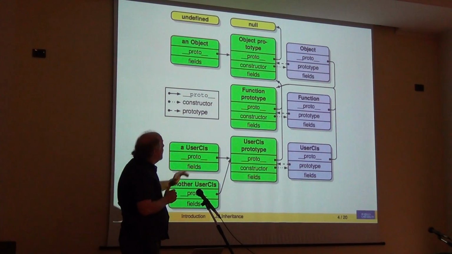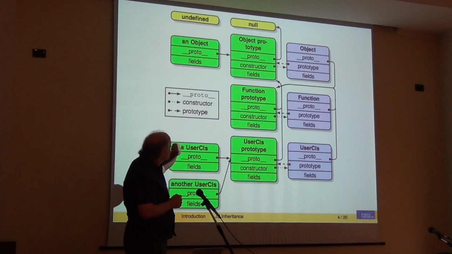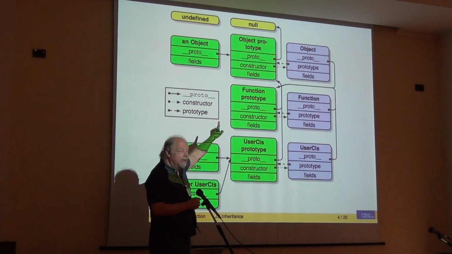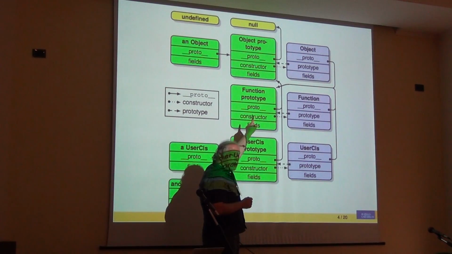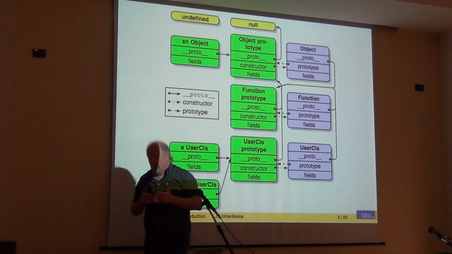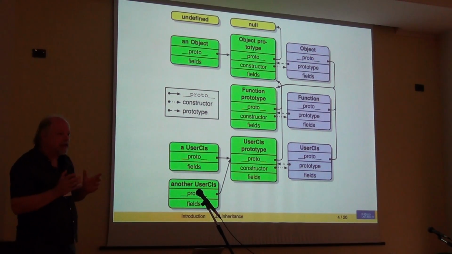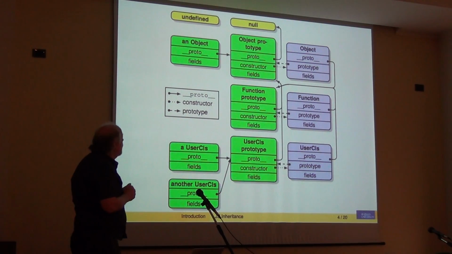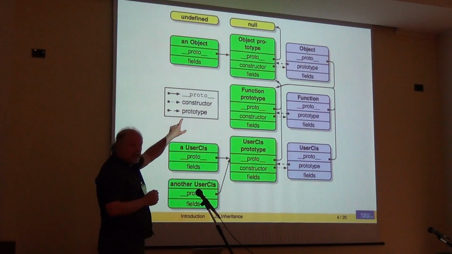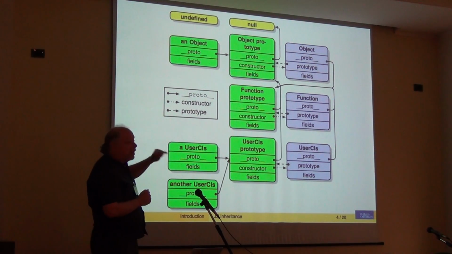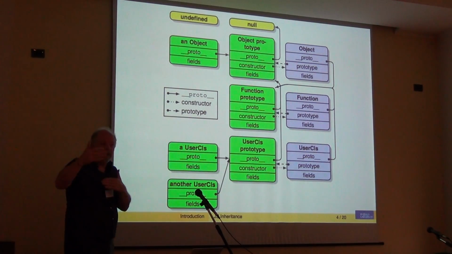So it has a prototype field, and its prototype field points to this top green box here, which is the default proto object for every object in the system. And that object's proto field, the underscore underscore proto underscore underscore, points to null. In other words, it's the end of the line.